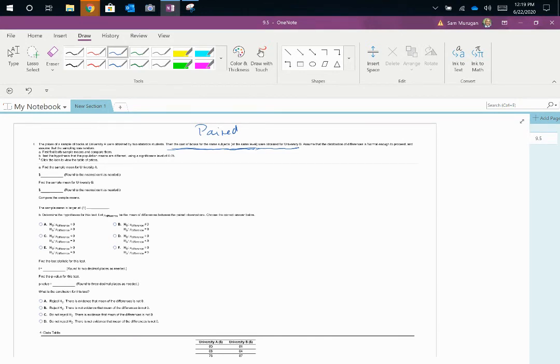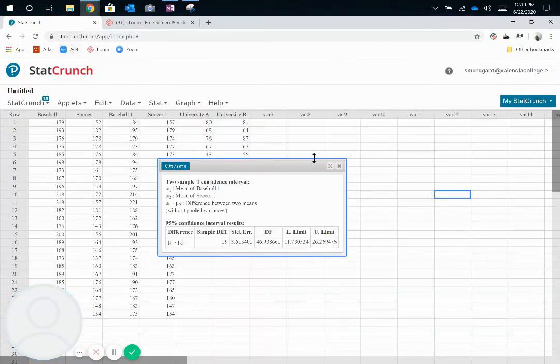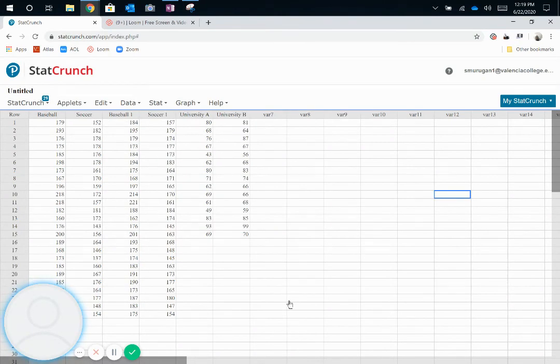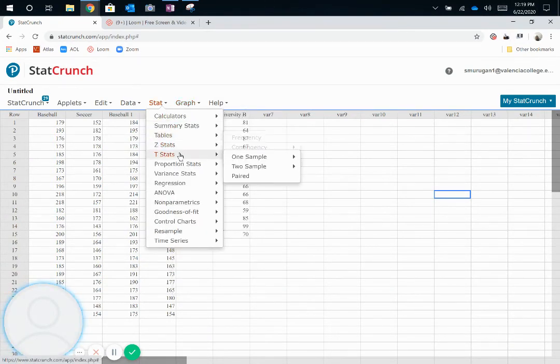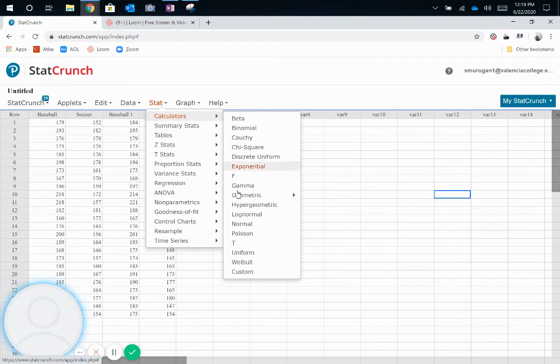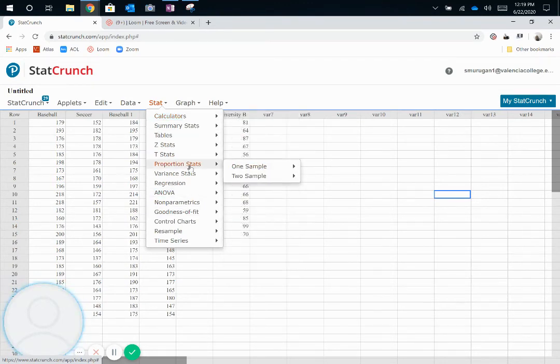I've used StatCrunch here, and I put the data in 2 separate columns, University A and University B. To find the mean, you can use a 1 sample summary, or you can use the calculator, and so on. We just need to find the mean.